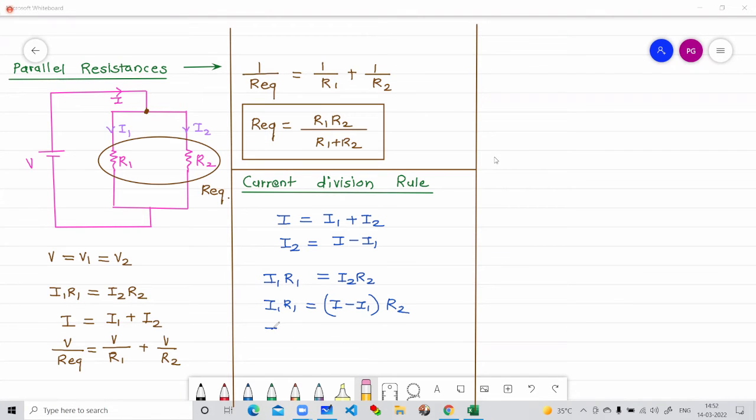Right, open the bracket. I1 R1 is equal to I R2 minus I1 R2. So I1 is common, shift this term on this side and take I1 common.